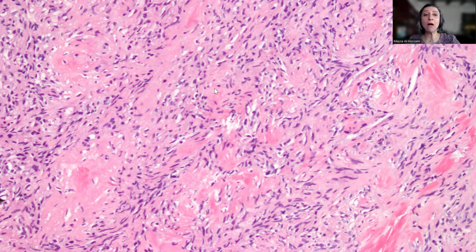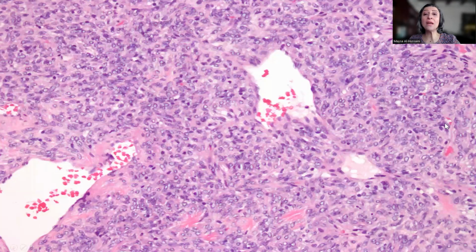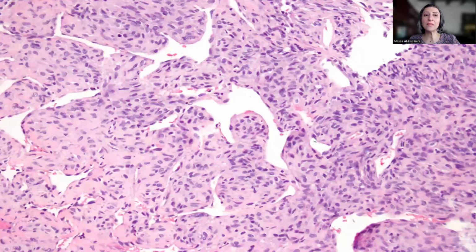And the cells are oval to spindle shaped with no really discernible mitosis or necrosis. Now, other areas were much more cellular, but with the same characteristic features of the cells. And actually, this pink material in the background is what we have seen on the smears of the frozen section. And the characteristic feature, the staghorn vessels.